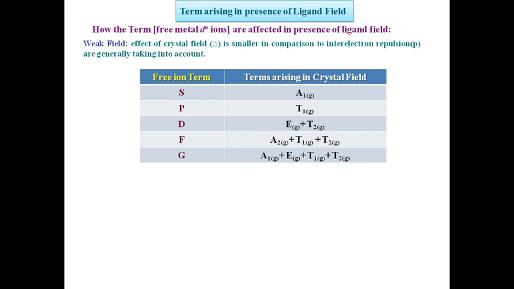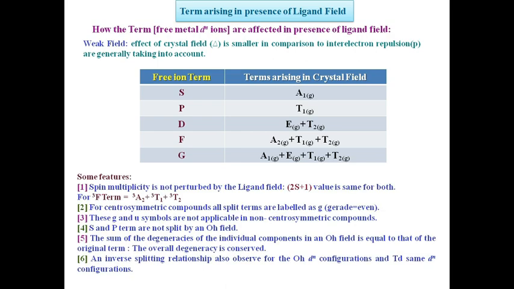For F, it will split into A2, T1 and T2 crystal field terms. For G, it will split into A1, E, T1 and T2 crystal field terms. And the suffix g arises in the case of centrosymmetric molecules, as for octahedral molecules.